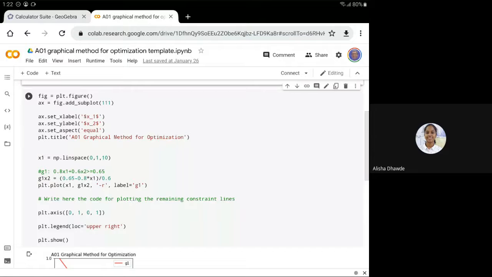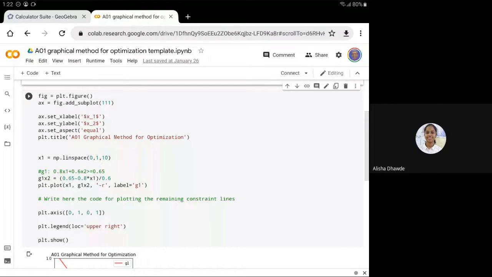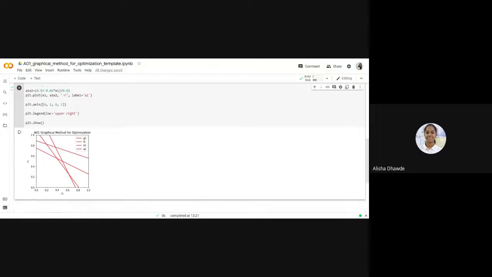Sir, I've plotted the constraints. Okay, great. Can you just share that? Yes, sir. So this is what I've got.